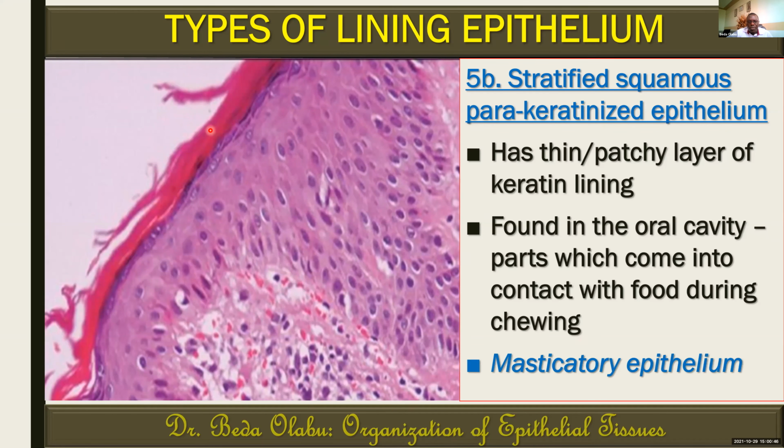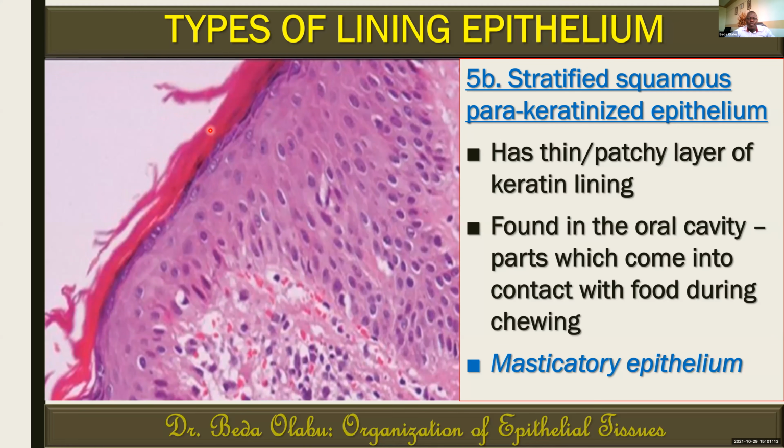For that reason, we call this epithelium masticatory epithelium. Take some 10 seconds and think through that. Which parts of the oral cavity actually come to contact with food when you're chewing? So not all the parts, only the parts that are subjected to the friction of food during mastication.